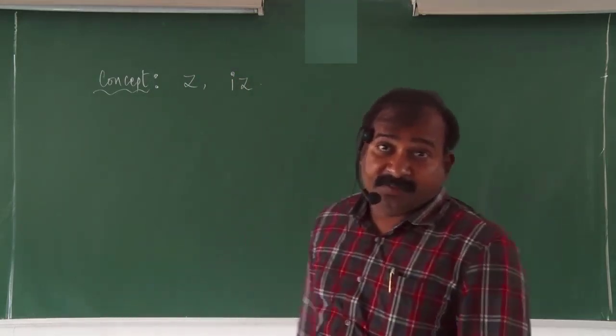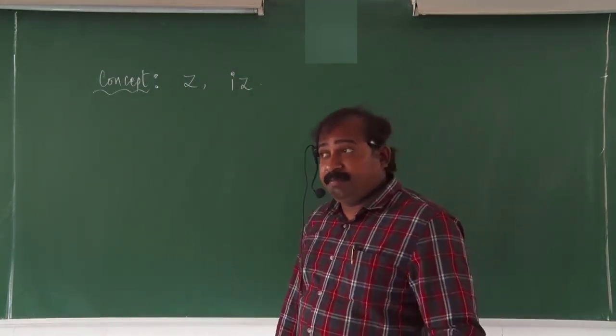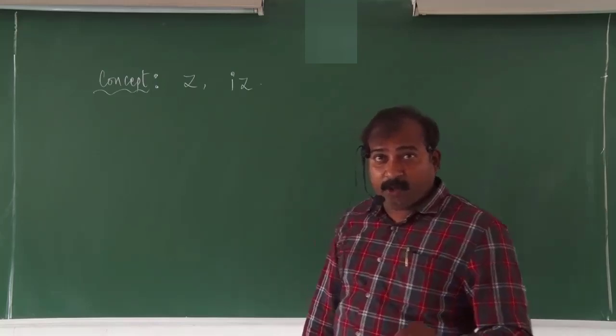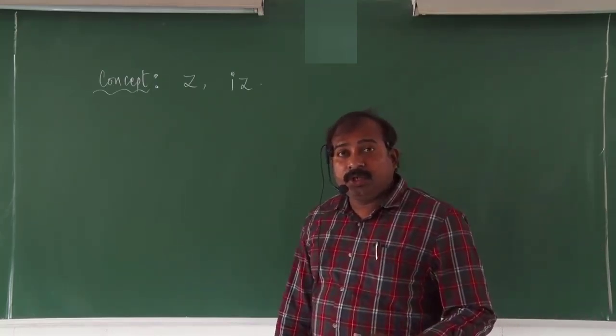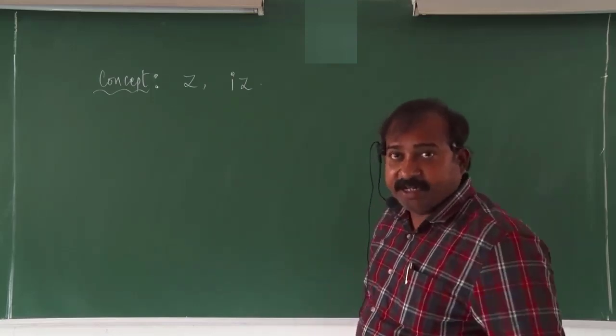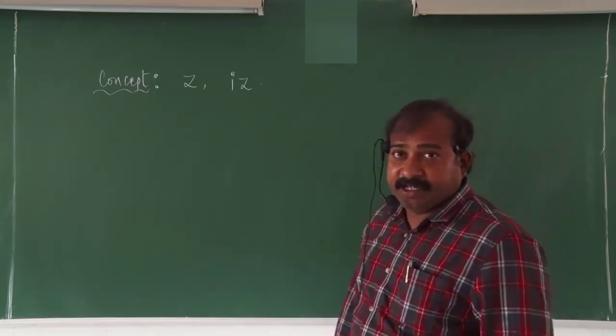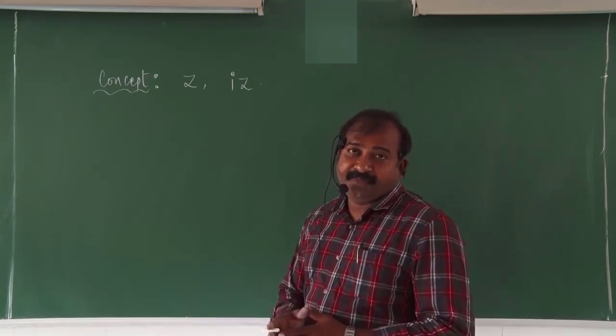If I multiply the complex number z with iota, then I can get the value iz. So this complex number z and iz, how are they related?